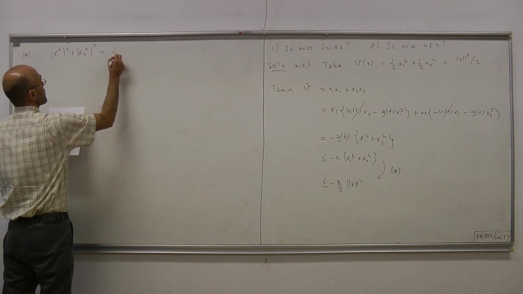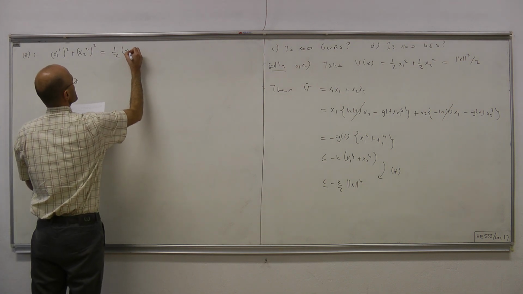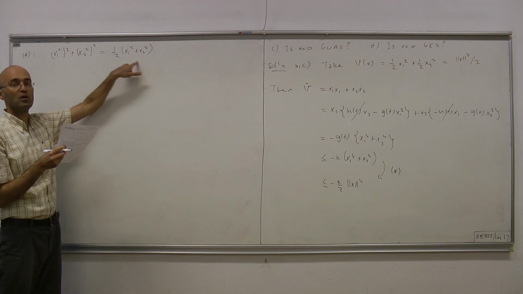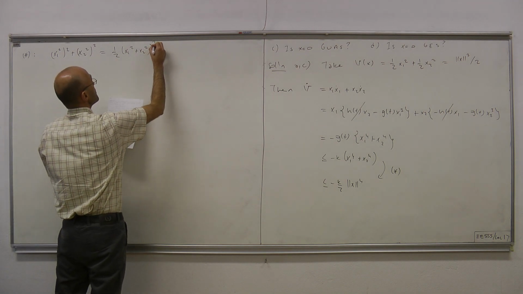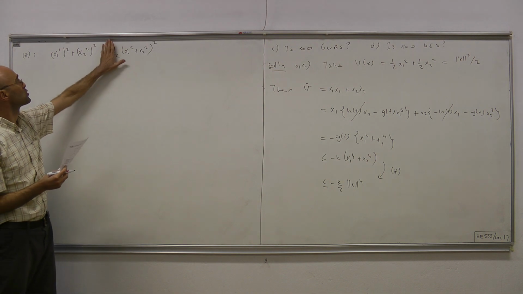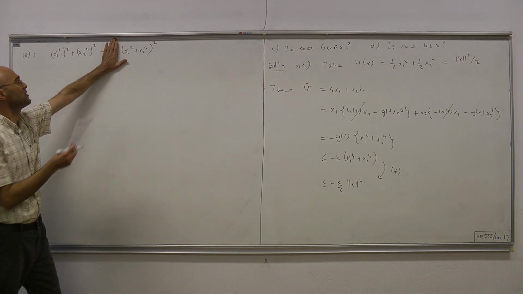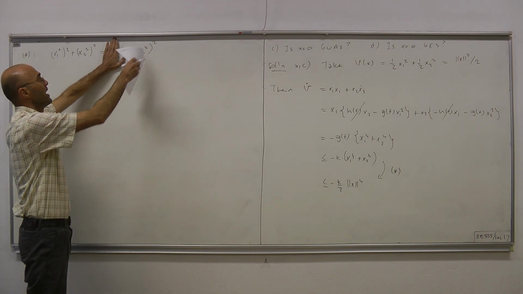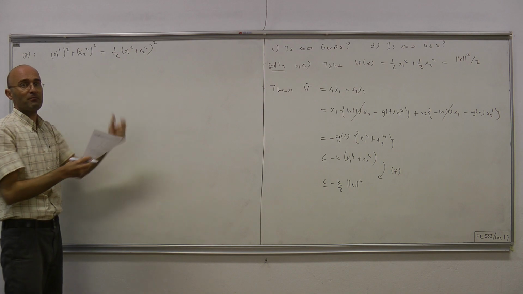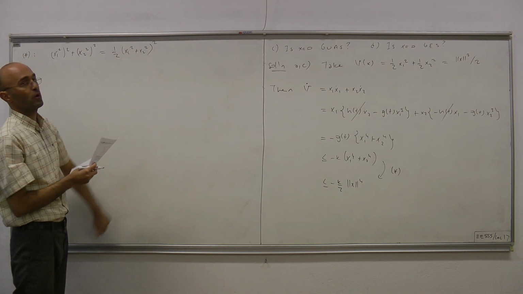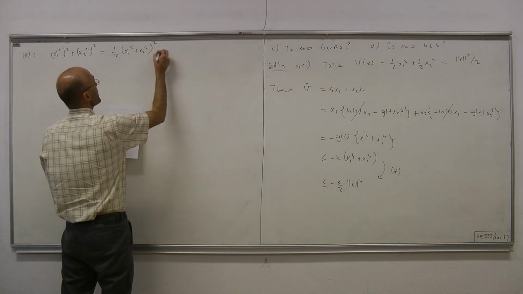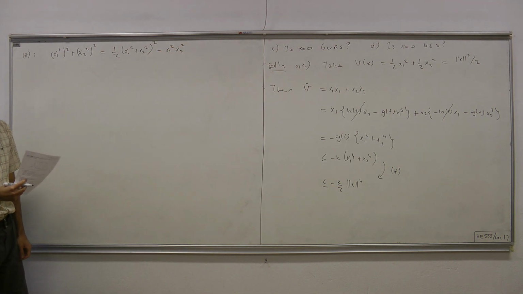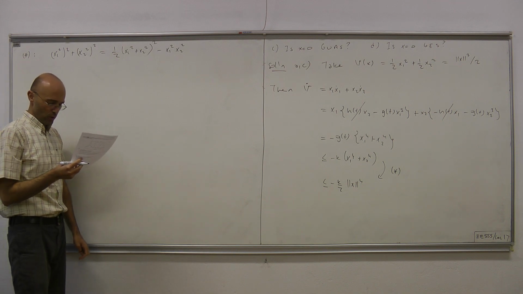This we can write as 1/2 x1 square plus x2 square, okay, 1/2 norm square. Now, if you square the norm, what you have is x1 to the 4, x2 to the 4, and also we have some cross terms, which is 2 times x1 square x2 square. To get rid of that, we have to subtract this.